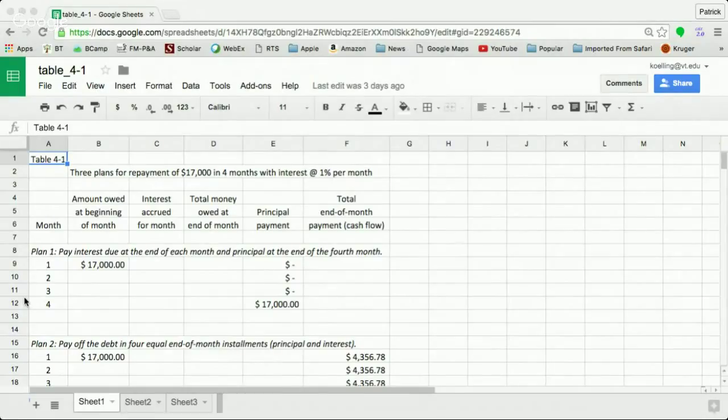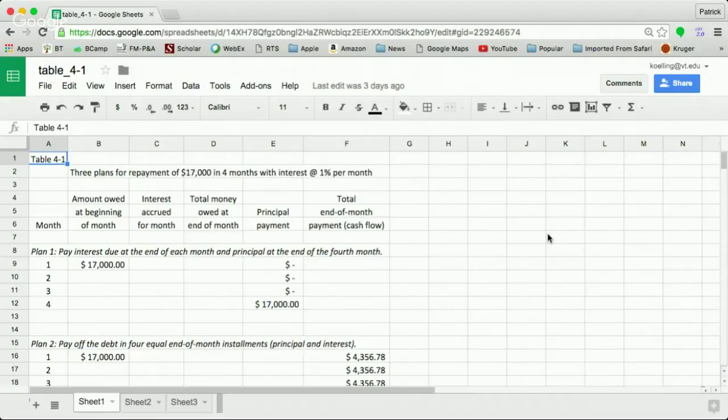This sheet says 3 plans for repayment of $17,000 in 4 months with interest at 1% per month. So first of all, we've borrowed $17,000, a very short-term loan, because we will pay it all back in 4 months, and the interest rate is 1% per month.